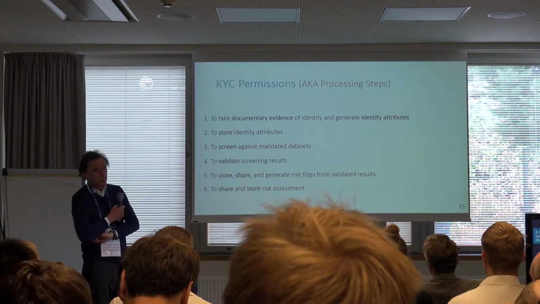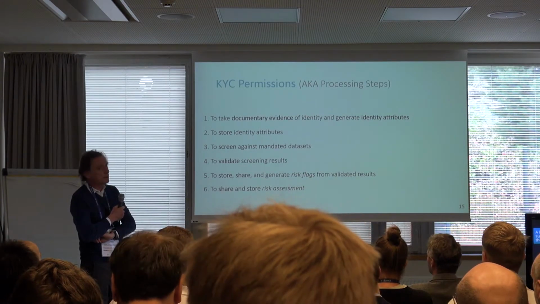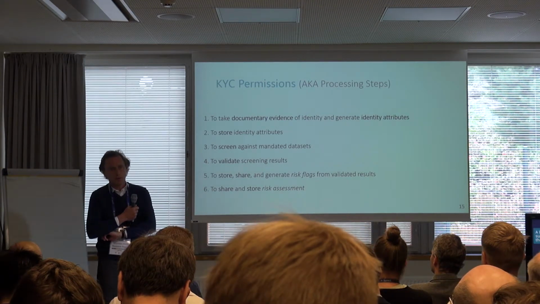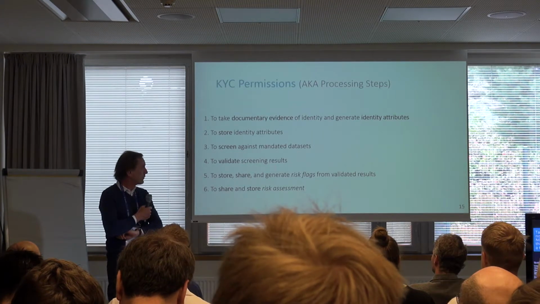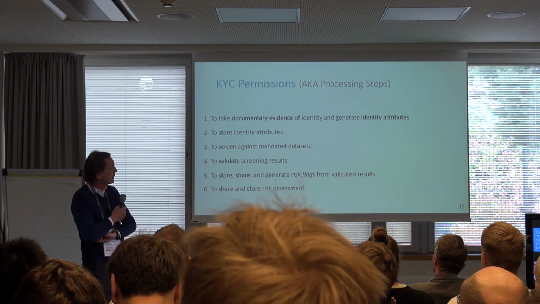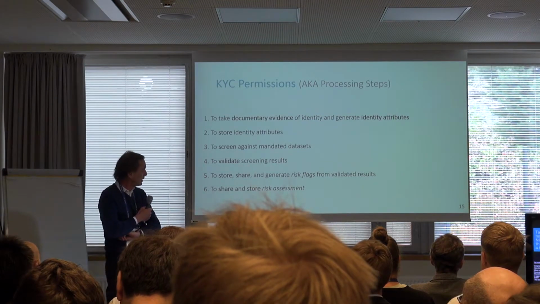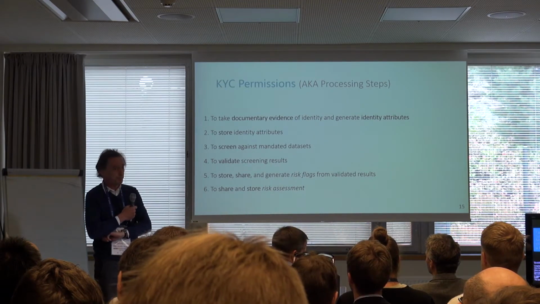Then we have to store those attributes. Then we use them to screen against mandated data sets. So are you on a sanctions list or a law enforcement list? Then we have to validate those results. Then we have to store, share, and generate risk flags from those results. And then we share and store the risk assessment that we then build from that.